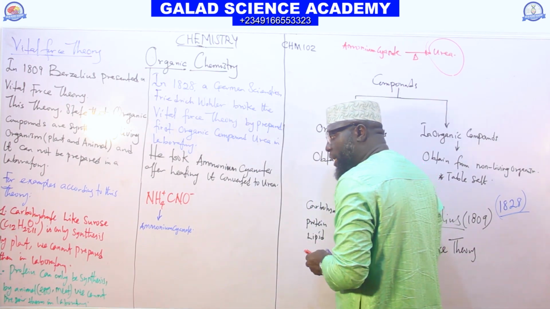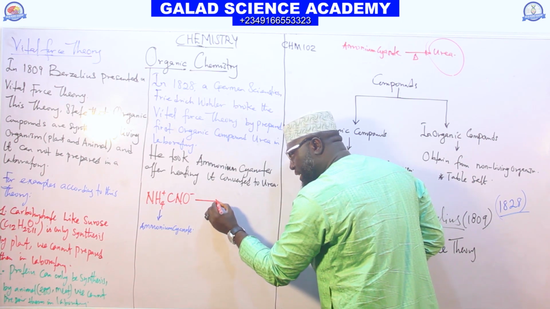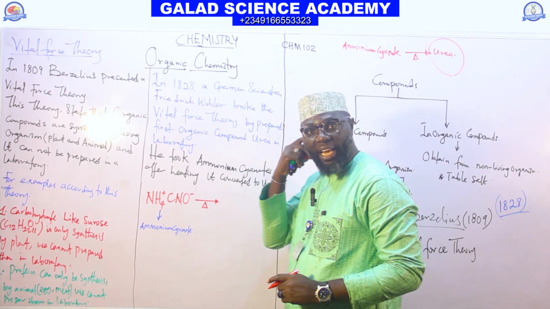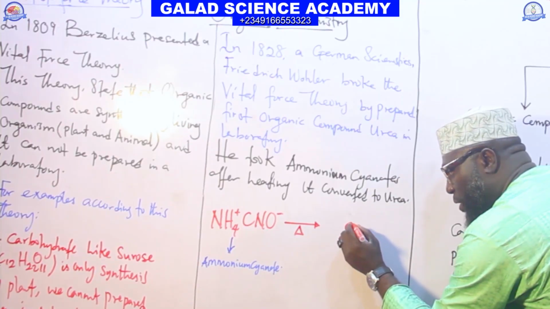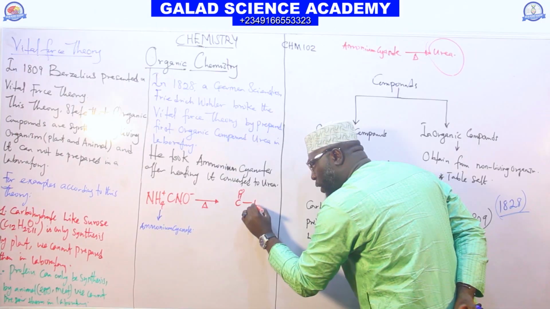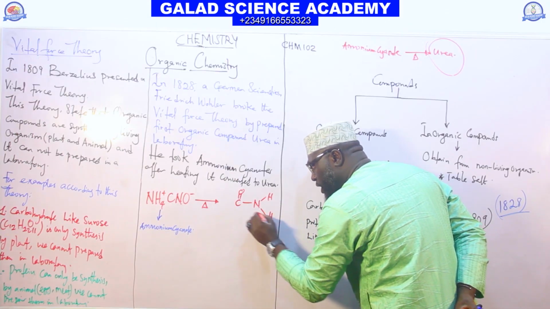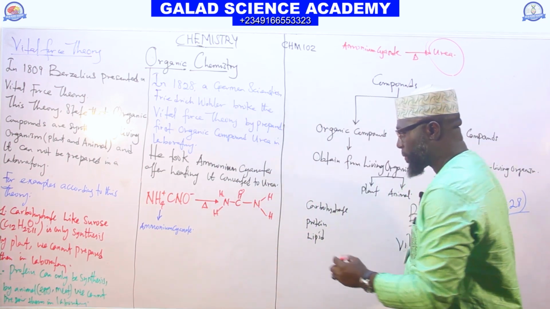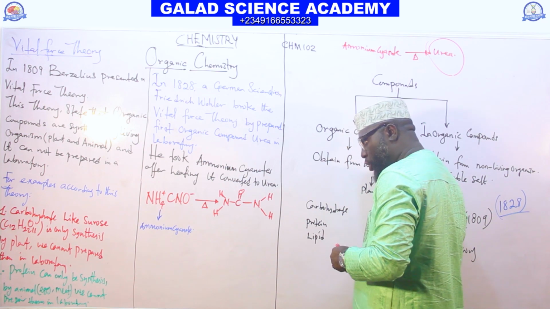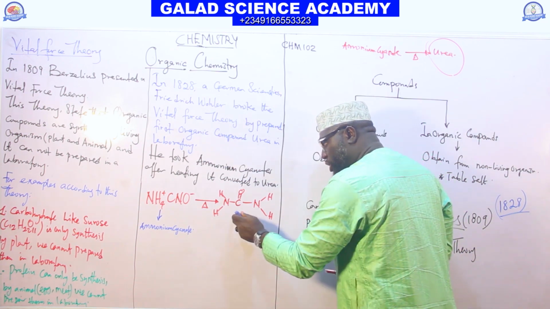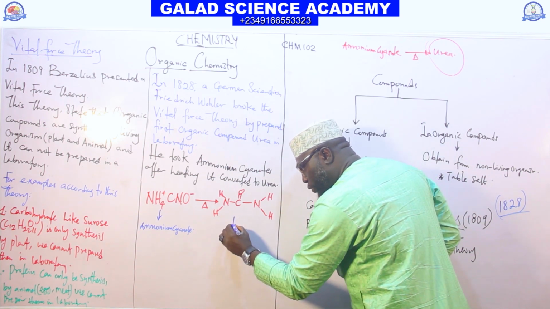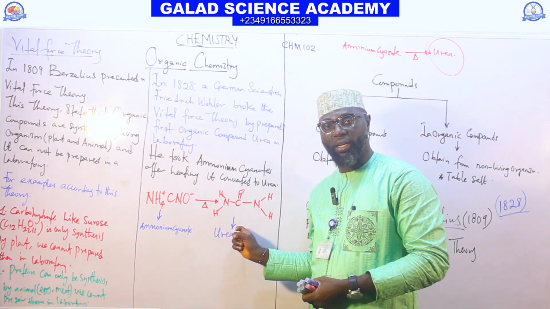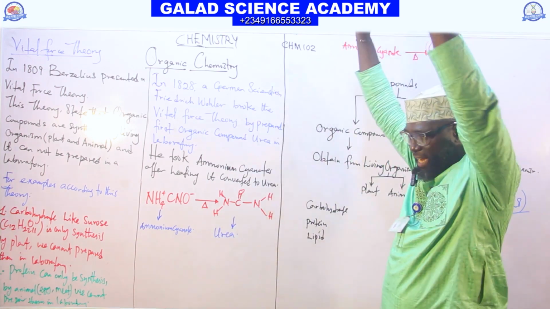When heated, it gives urea, NH2, C=O, NH2. This is the structural formula for urea, the first organic compound produced in the laboratory.